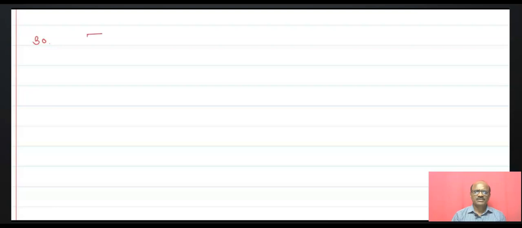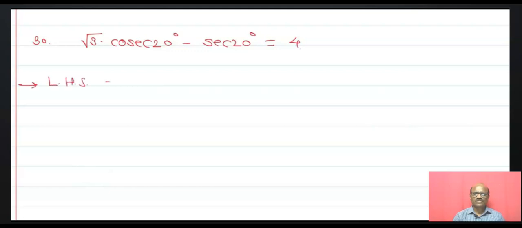Now the example number 30: root 3 cosec 20 degree minus sec of 20 degree is equal to 4. We will simplify here.